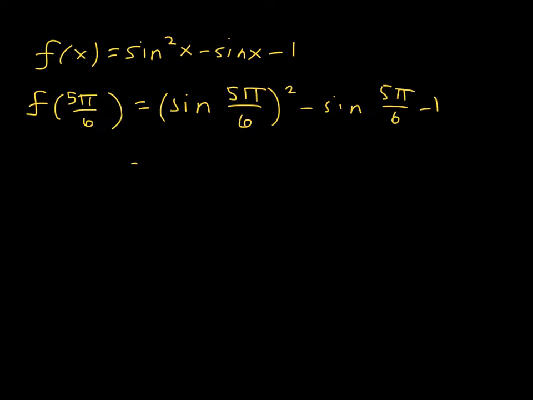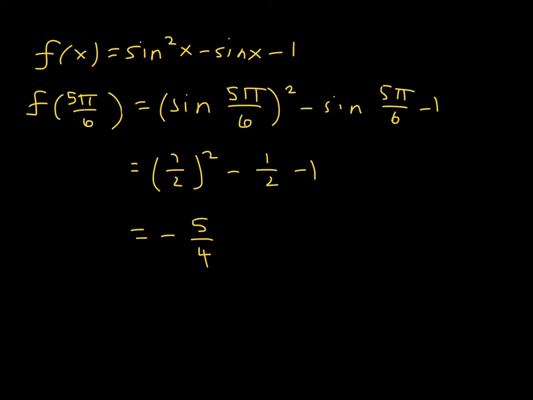Sine of 5 pi over 6 is equivalent to sine of pi over 6, so this is 1/2 squared minus 1/2 minus 1. We did this arithmetic already, and we found it to be negative 5/4. So we just found that the function f has a minimum value of negative 5/4 at 5 pi over 6.